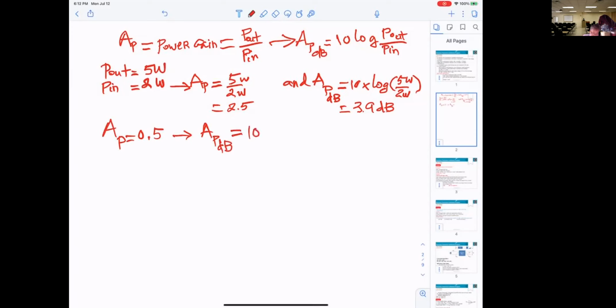The formula will be 10 times log 0.5. Negative 3.01. Okay, the answer will be minus 3 dB.